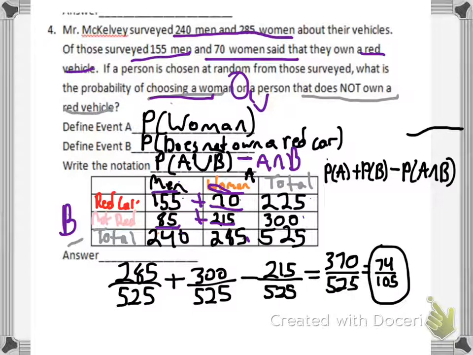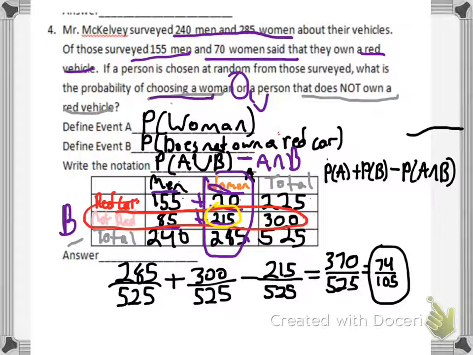So the probability of a woman, so we know that is 285. And then we got probability of B, which does not own a red car, 300. Notice we use 215 twice.